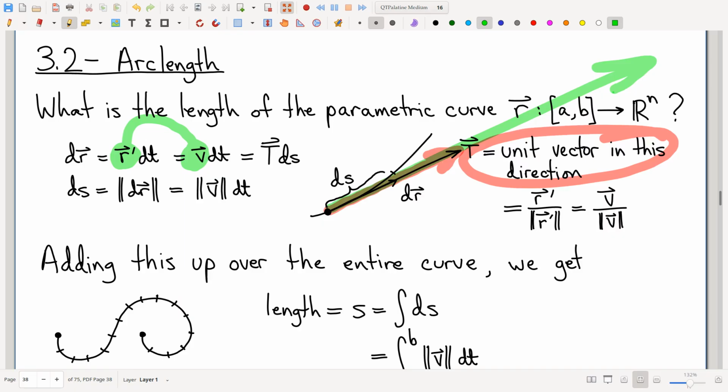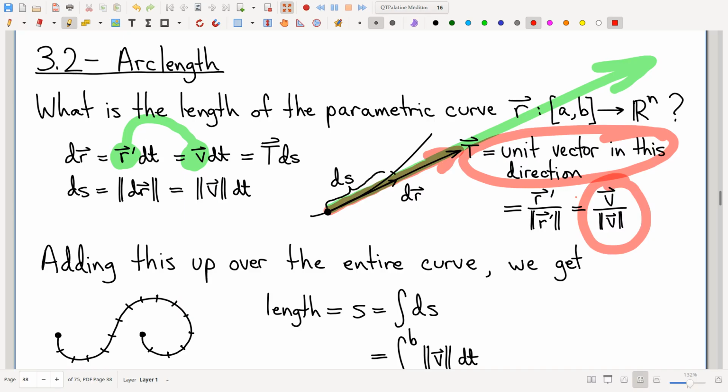Then, of course, there's the dr vector down here, our position differential. That's a tangent vector. But now we have this unit tangent vector, our third tangent vector. And by the way, it's the unit vector pointing in the direction of v, and we already have a formula for how to compute a unit vector in the direction of whatever you're interested in. So, easy formula for how to compute the unit tangent vector.